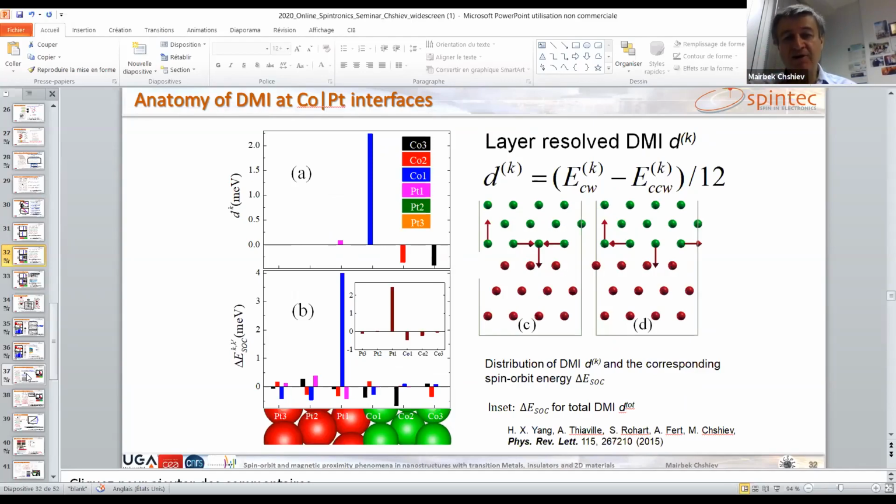But the answer is, of course, DMI is a spin-orbit phenomenon. If it is spin-orbit, then obviously, if you interface a topological insulator, as you remember, there was a nice work that the topological insulator itself is a booster for spin-orbit torques, and for plenty of different phenomena, because of spin-to-charge conversion.